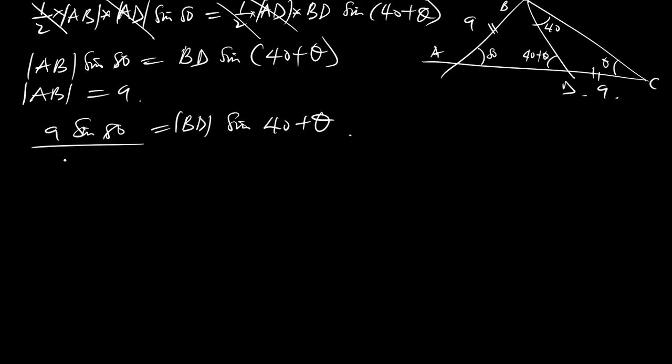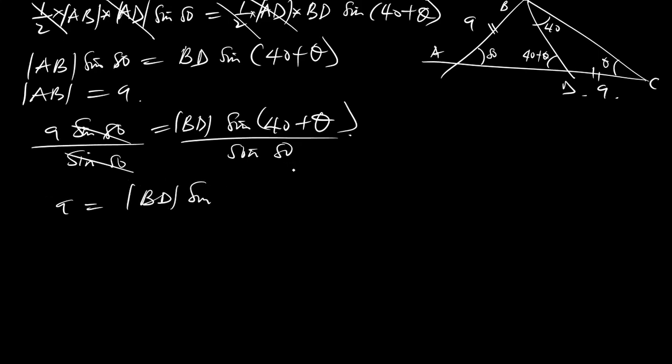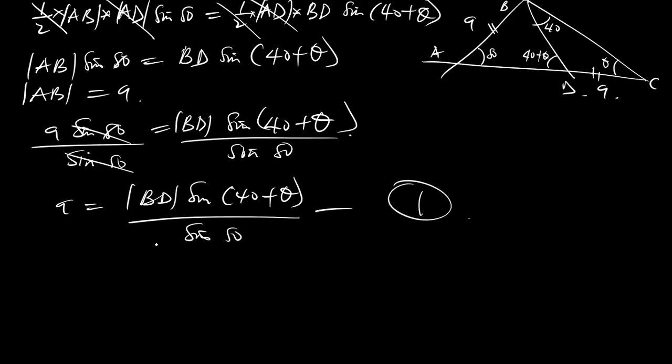Dividing both sides by sine 80, this will cancel out. You now have A equal to BD sine 40 plus theta divided by sine 80. So this is equation 1.